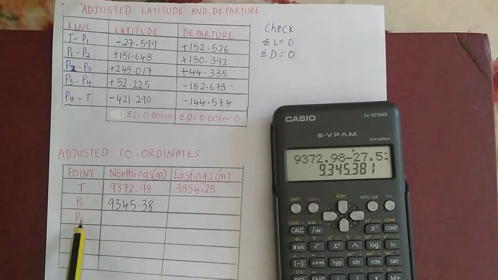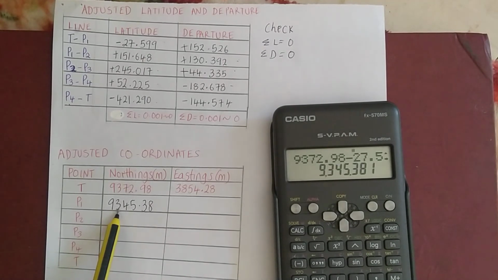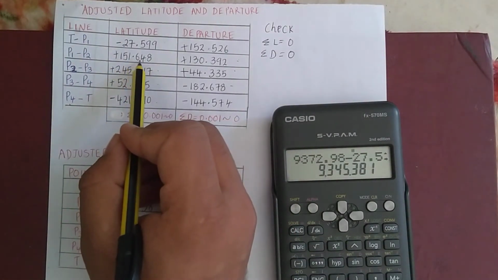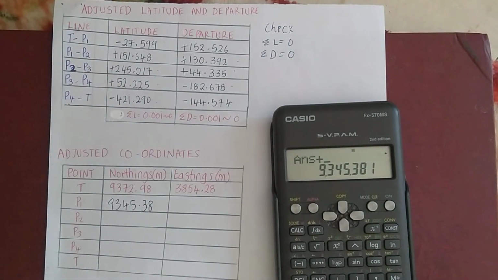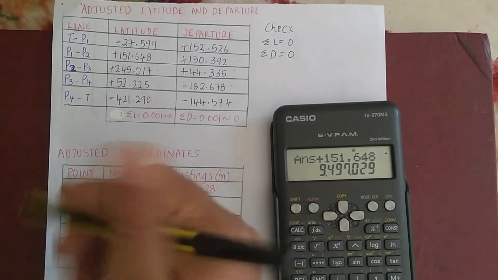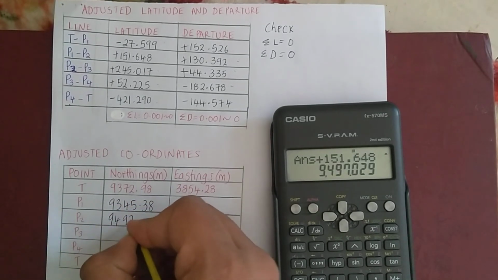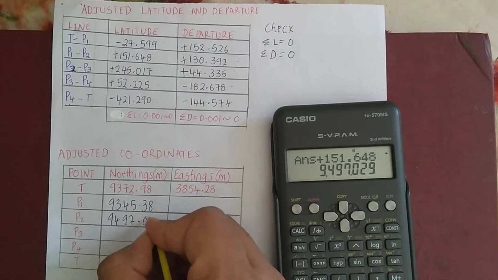So I want to get the adjusted coordinate of P2. So I'll take my P1, which is this one, 9345.38, and then now I'll add 151.648. I'm getting 97.03.